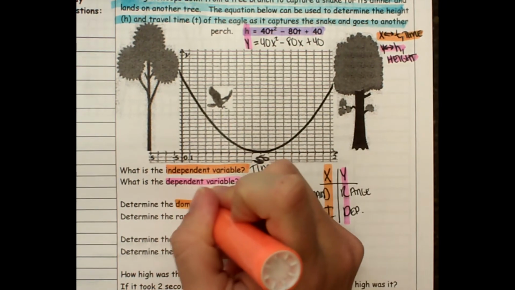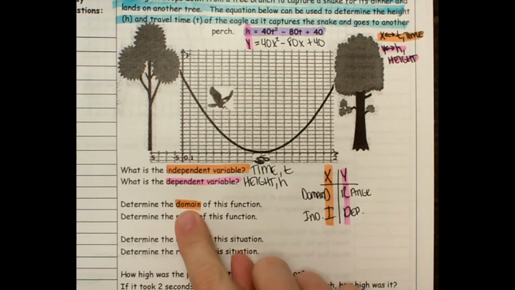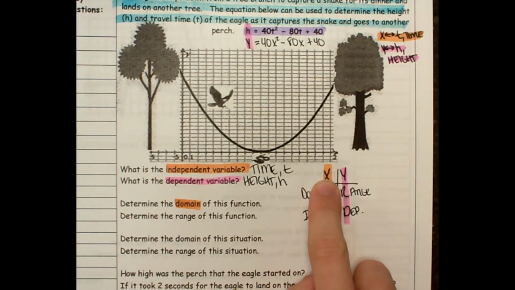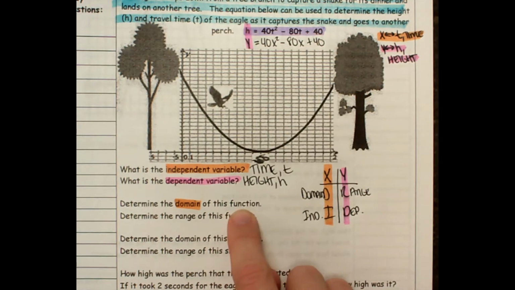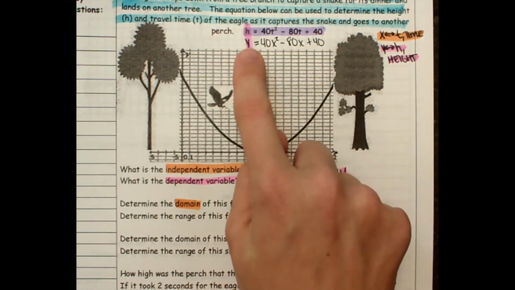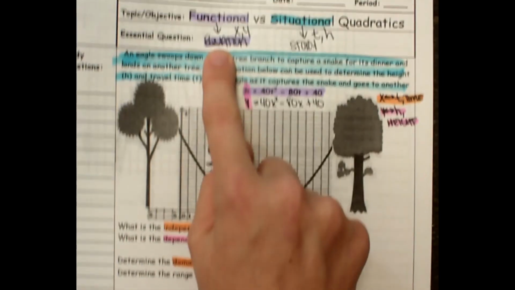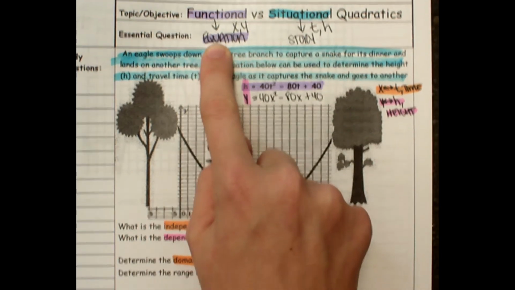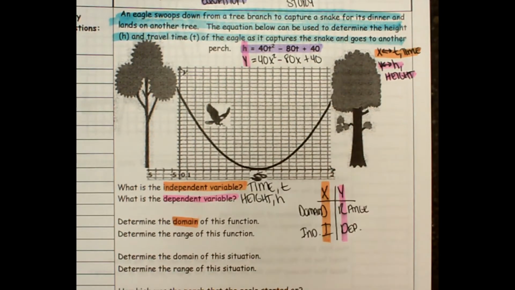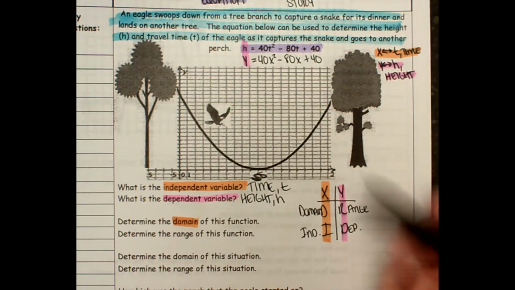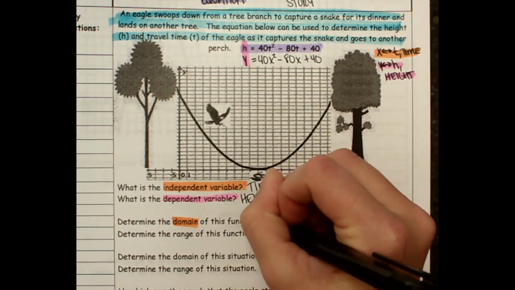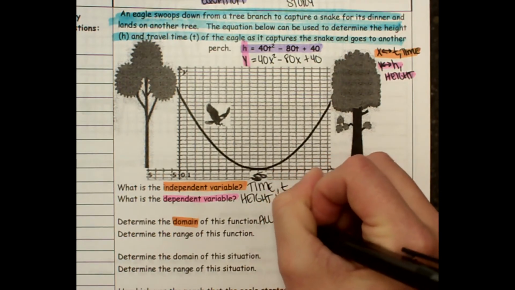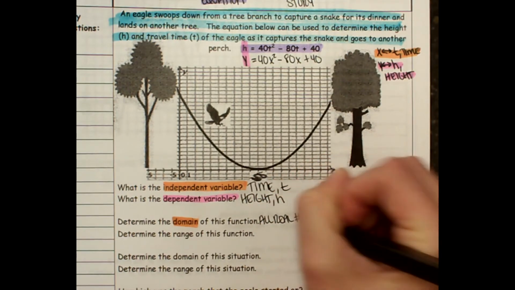Then it says determine the domain of the function. So domain is my keyword. I'm keeping it with orange because it's part of the x values. They want to know what's the x value of the function. Okay, so function is just the equation. Well, it's a quadratic. So looking at the quadratic, it's always going to be all real numbers.